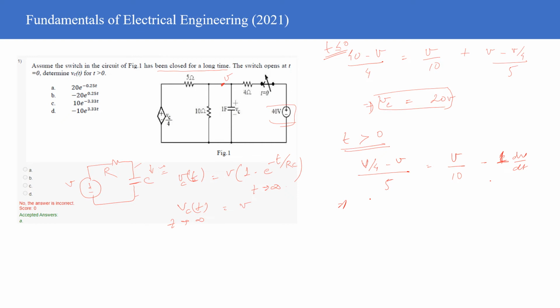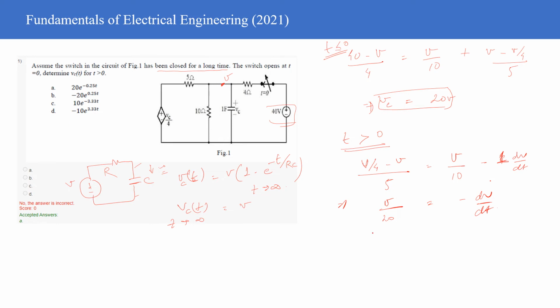So 3 by 4 divided by 5 minus 0.1, right? Okay. So V by 20, correct, is equals to minus dV by dt, correct.